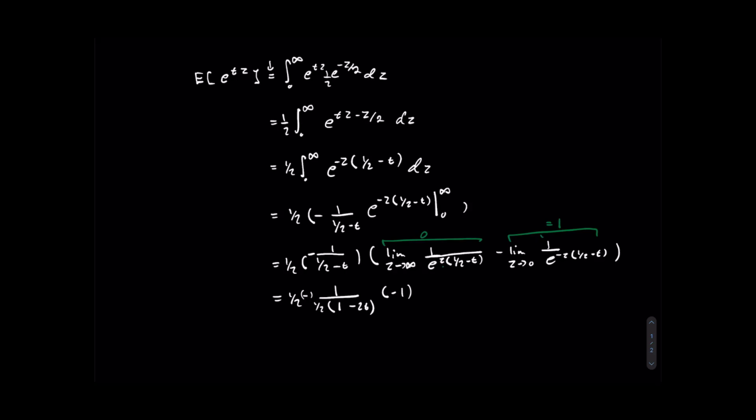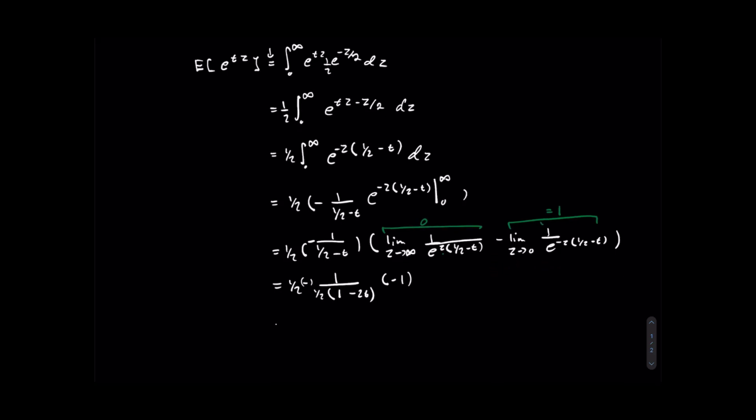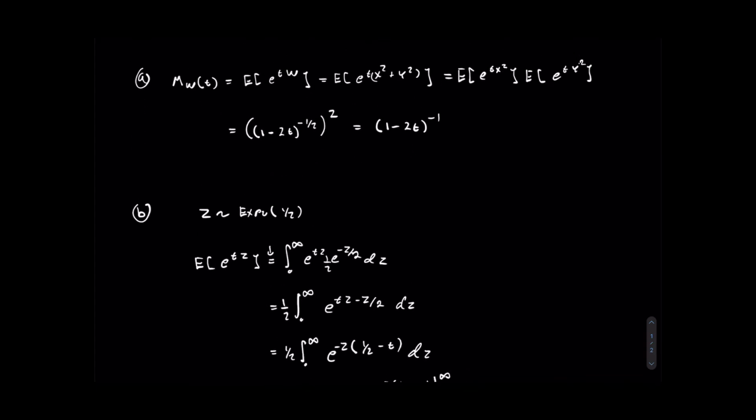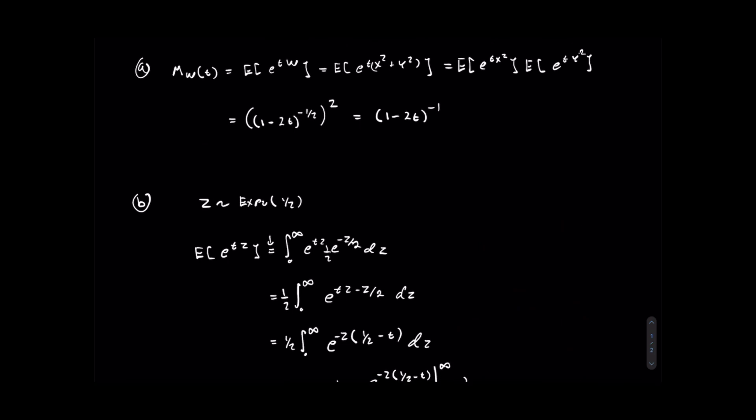This is what is left from this expression. So this cancels and that cancels, and we end up with the expression that we indeed were looking for, and this is in fact the MGF of Z, exponential with parameter a half.